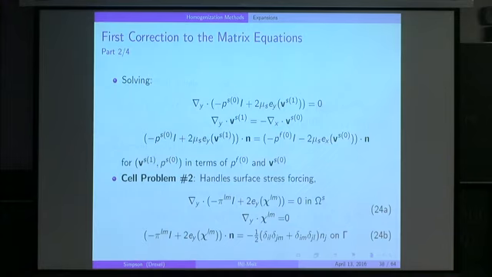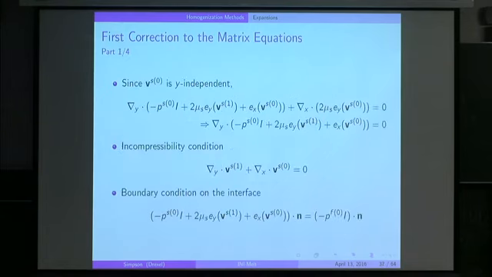Wait a minute. I'm now bothered by the bulk viscosity. How can it be incompressible? If the grains, okay, this is the corrector. So when I take the divergence of y, I'm taking the divergence in the pore, not in the grain itself. So I'm happy with that being incompressible.